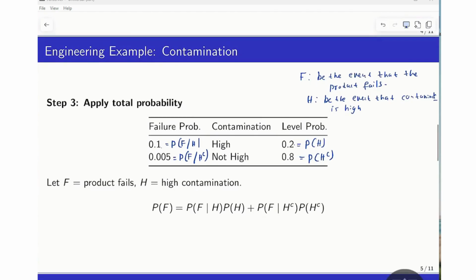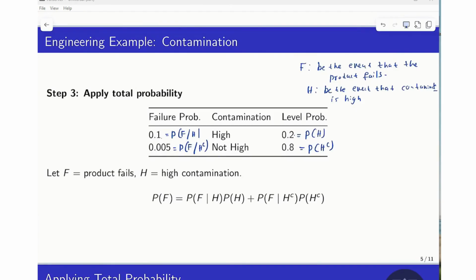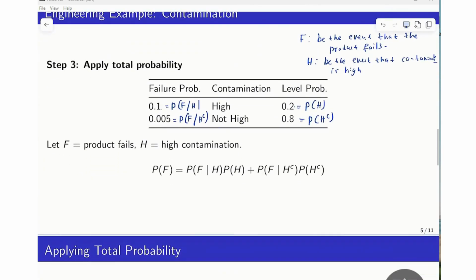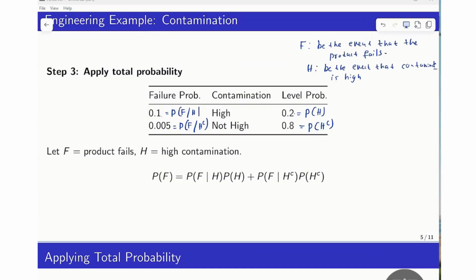So then this structure should already look familiar. This is total probability. Using the total probability rule, we can write the probability of F, because our question is to find the probability of F. So maybe first I can think, okay, I know that this is an event already.